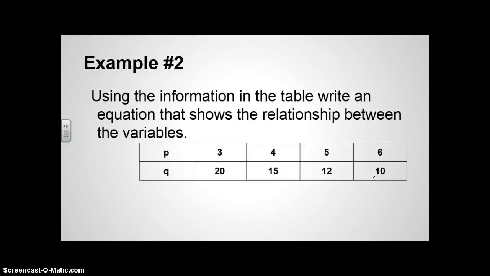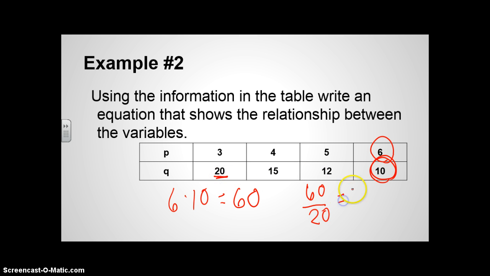And the way I would recommend setting this up is looking at your P, which is 6, looking at your Q, which is 10, and you're going to multiply it. 6 times 10 is going to give me 60. And so 60 is going to be, if you think about this, when you take 60, divide it by 20, when I look at my Q here, 20, do I get 3?